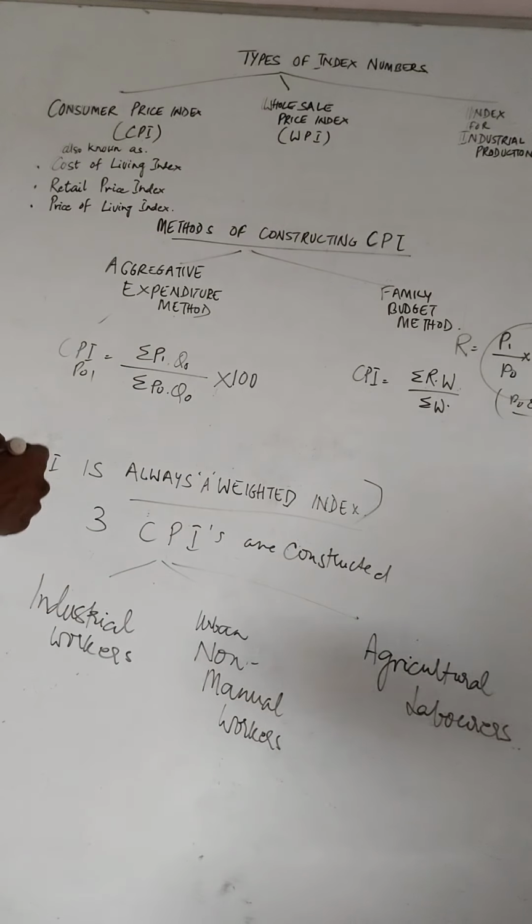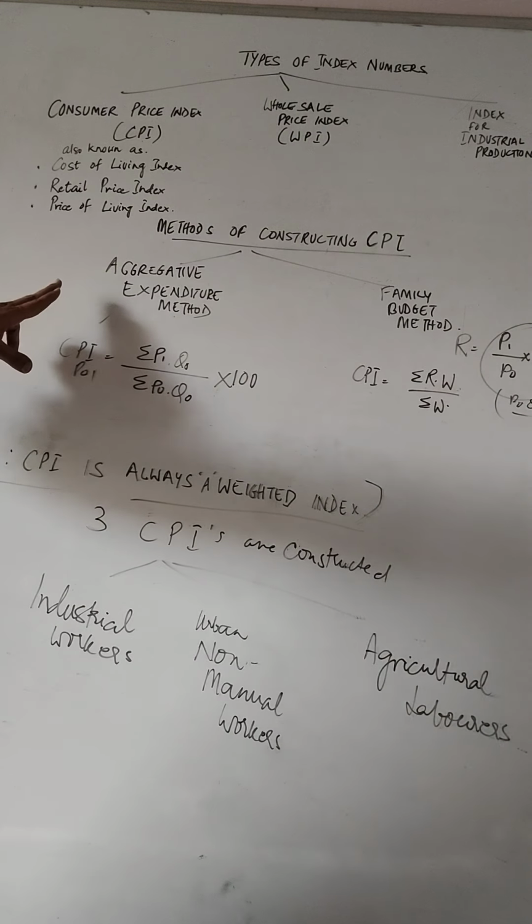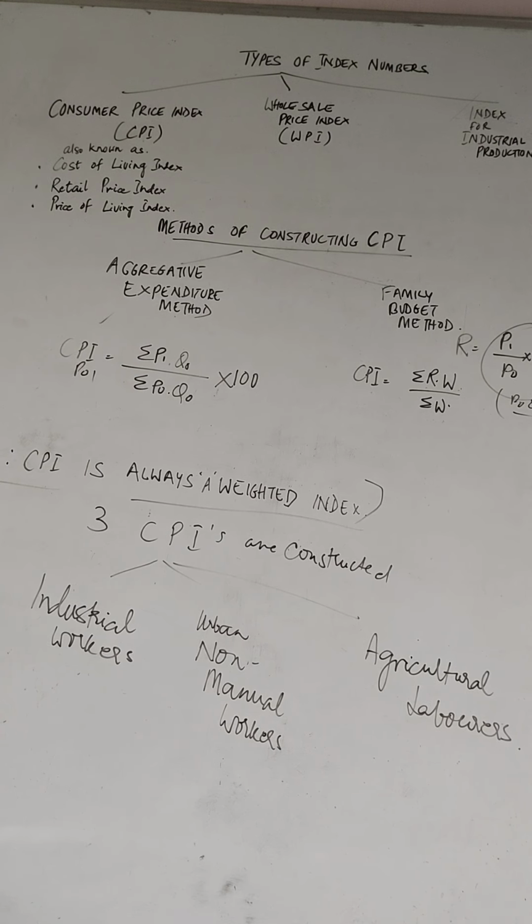So in the next class, we are going to do the methods of constructing consumer price index. And I hope that you've understood a little bit about the theory about the methods of constructing price index.